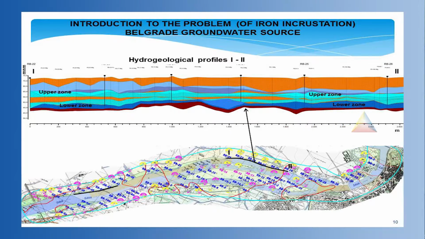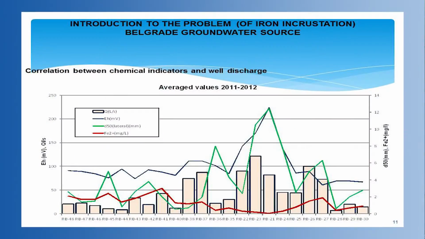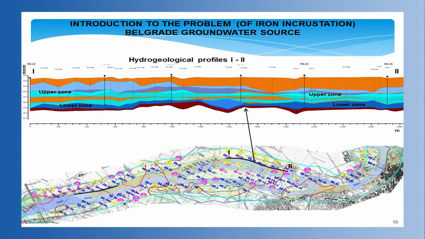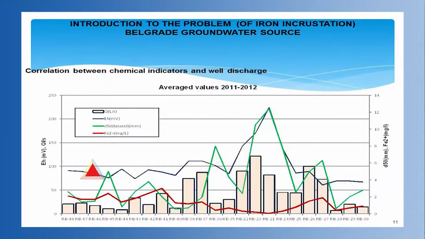You can see how it looks like. And this is interesting. You can see this part which is shown on this picture. Now you have the chemical profile. The discharge of the well is blue. Green is the 15% grain size, and the red is 2-valent iron.